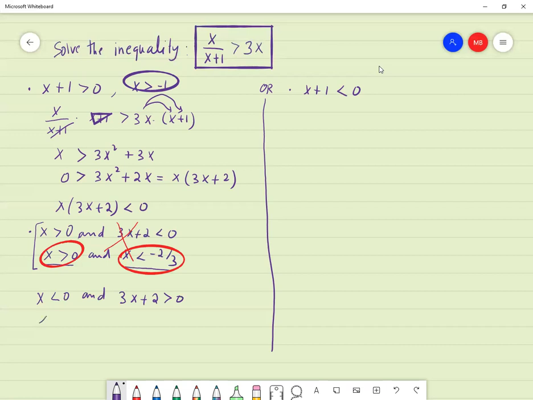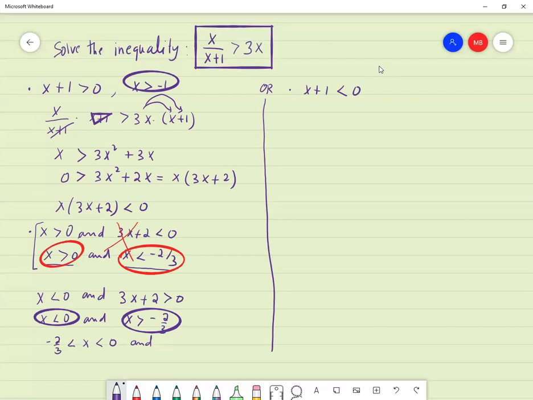So x less than 0, and 3x plus 2 greater than 0 means x is greater than negative 2/3, when you subtract 2 and divide by 3. If I combine these two, I get negative 2/3 is less than x is less than 0.